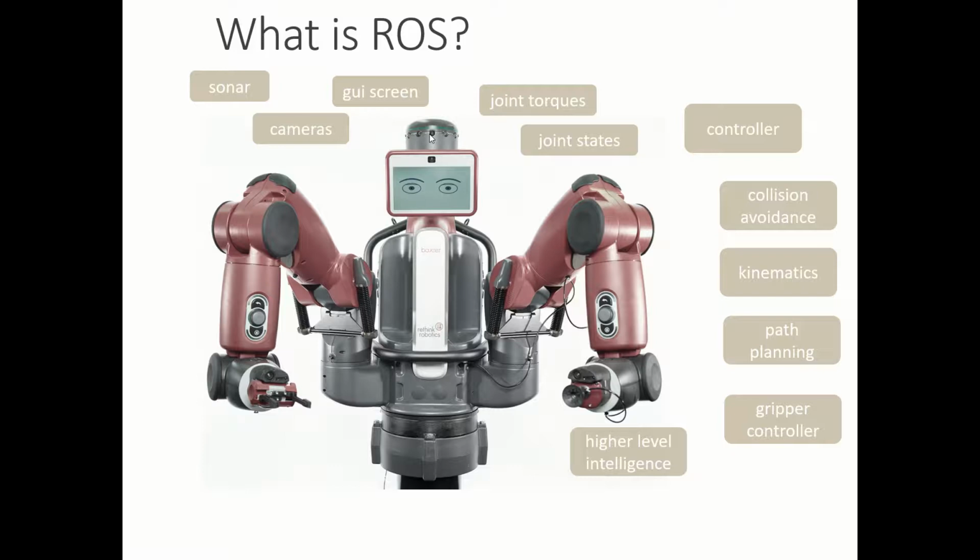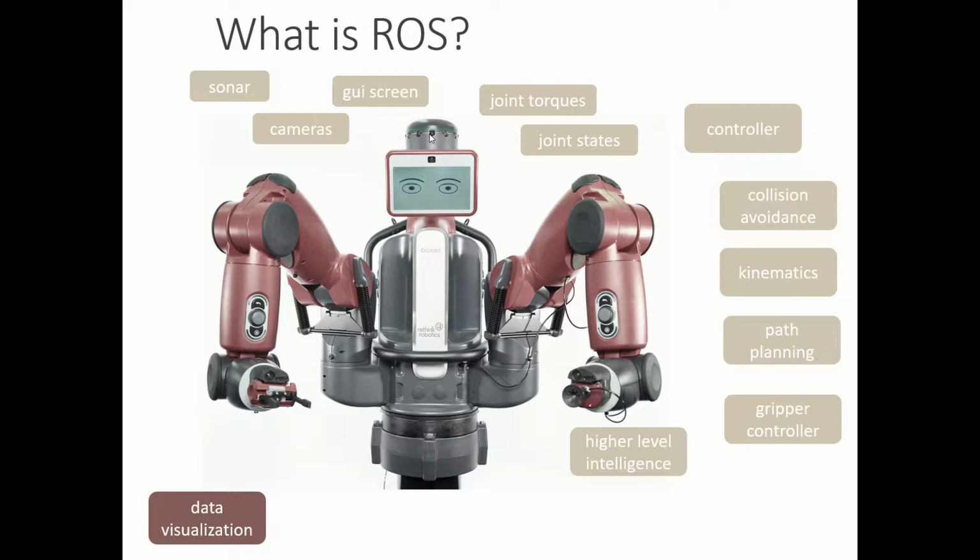But on top of that, other things that we might want to do with this robot is be able to visualize data. We have so much data coming in and out of this robot from the sensors and the actuators, and we want to be able to visualize what's happening with that. Even for simulation, we want to be able to see the robot model. We want to see where each of the links of the robot arms and the robot body and the robot head are all located, the hands.